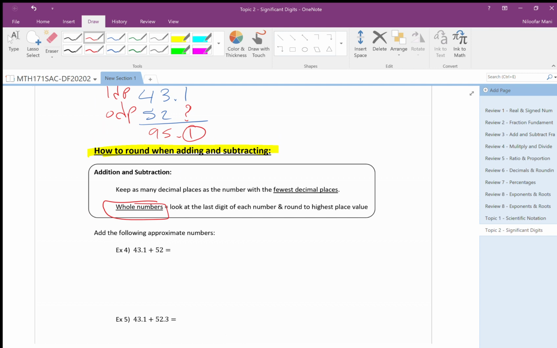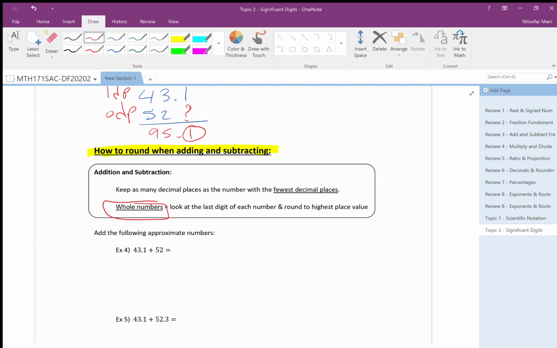If I give you questions like that and I say add the following approximate numbers, it means you have to round appropriately. Round appropriately means you round for addition and subtraction using their own rules. You round for multiplication and division using their own rules, which I'm going to tell you shortly.